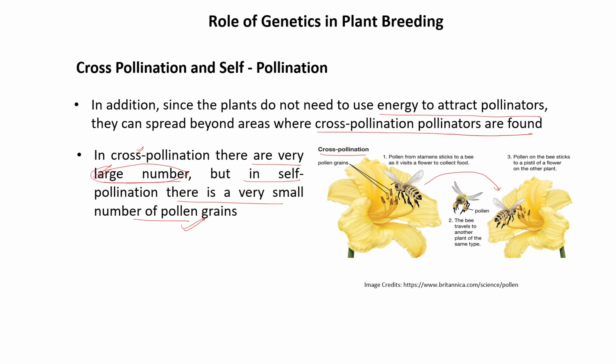If they had fewer pollen grains, their transfer to another flower would be affected. But why do they have fewer pollen grains in self-pollination? Because they do not need any agency. So with only some pollen grains, they can also have pollination.